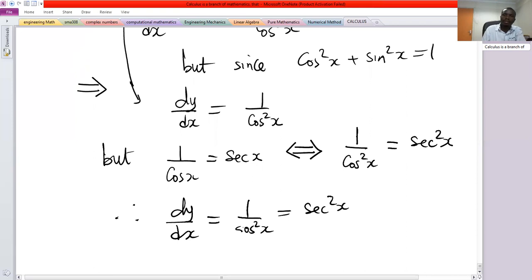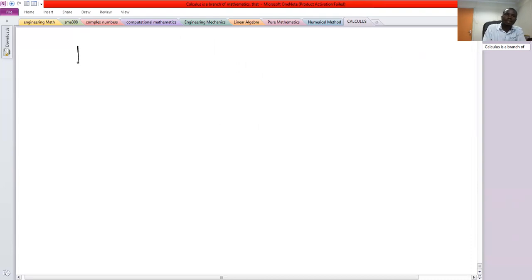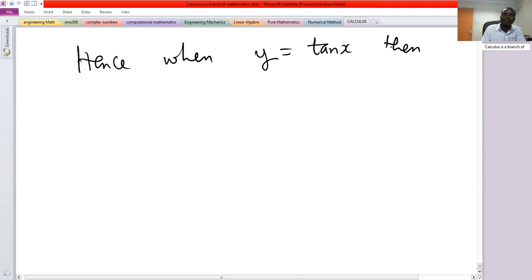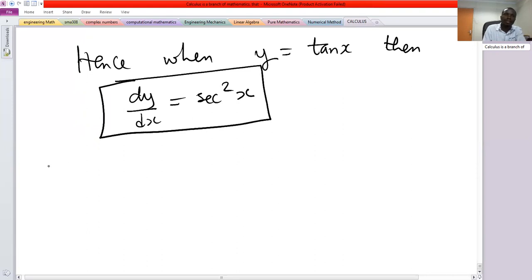Hence, when y equals tan x, then dy dx is sec squared x. So that's the proof of the first one.